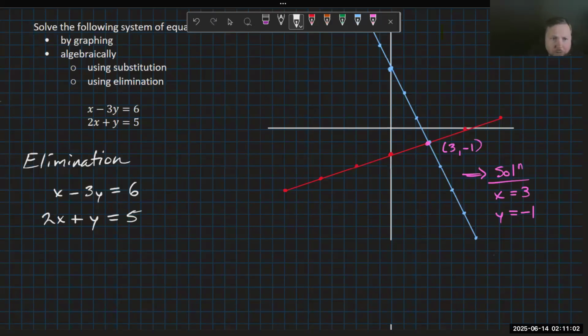So I'm going to take equation 1 and multiply by -2.